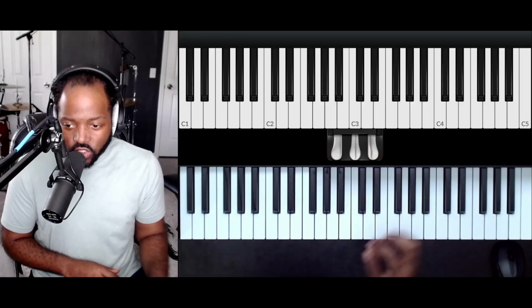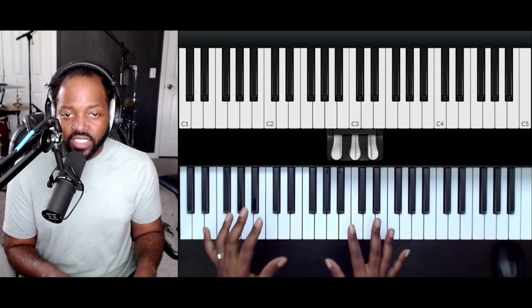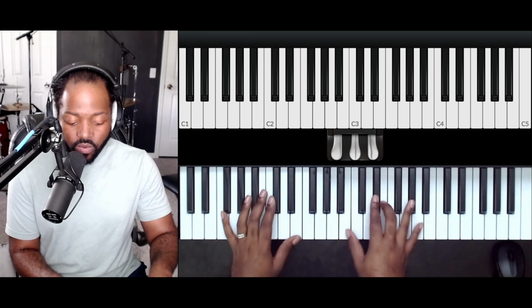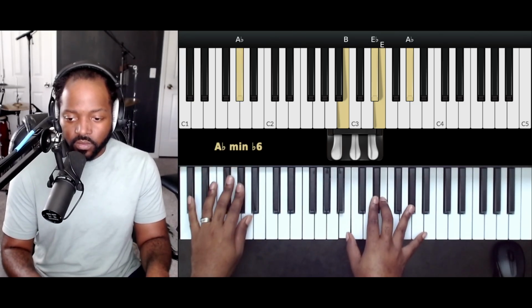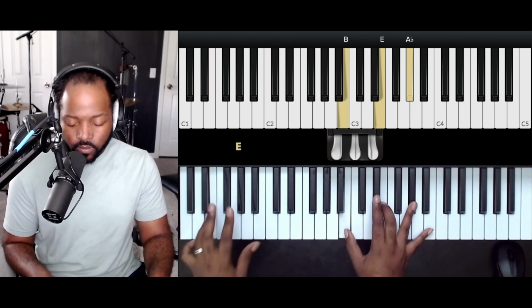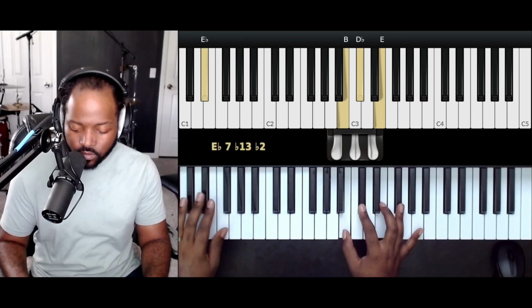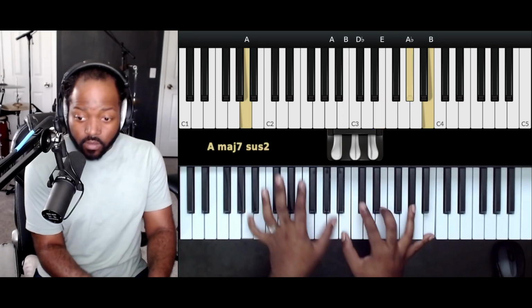Okay. So when I'm talking about voice leading, I'm not necessarily always talking about having to change the chord with your right hand. Sometimes my right hand will stay still and my left hand is just moving. Look at that.